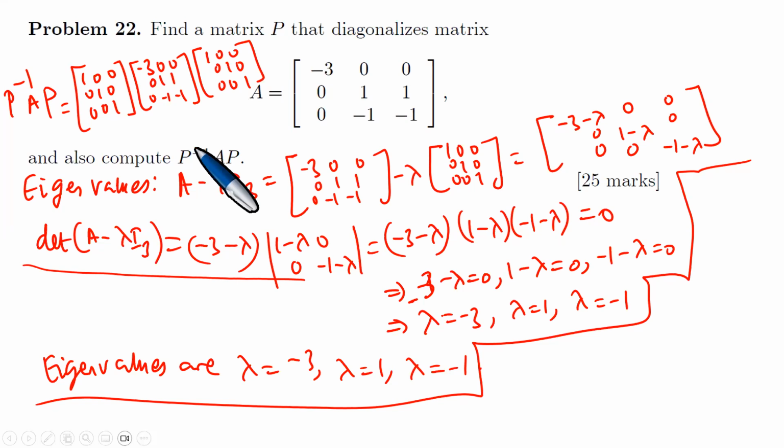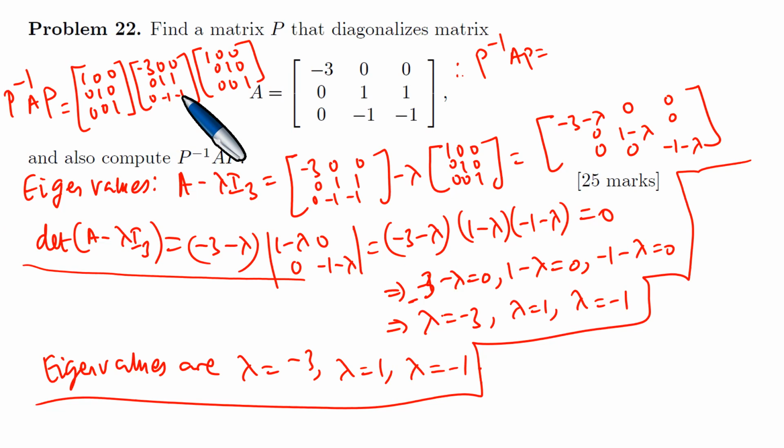Right, so now, what is the answer to this? The answer to this would be that P inverse AP is the identity times this times the identity. So the answer is the original matrix.